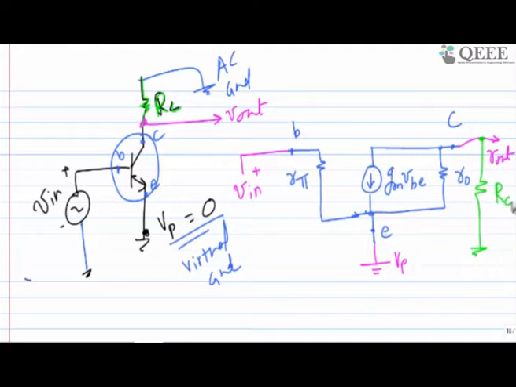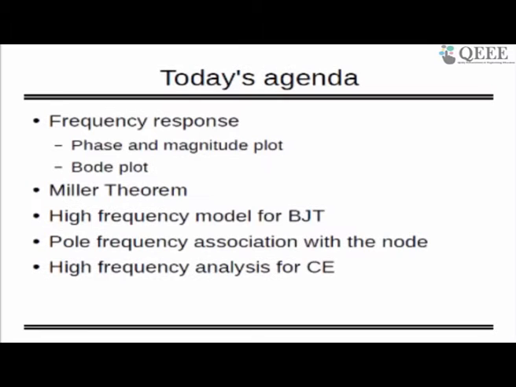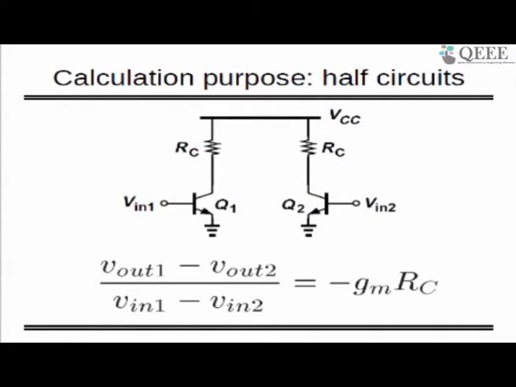This is a small signal model only for the half circuit, because if you look at this circuit, I made it in a half circuit way because these grounds are not actual ground. Still this circuit is a differential circuit, and I assume that these two are ground because it's AC virtual ground.